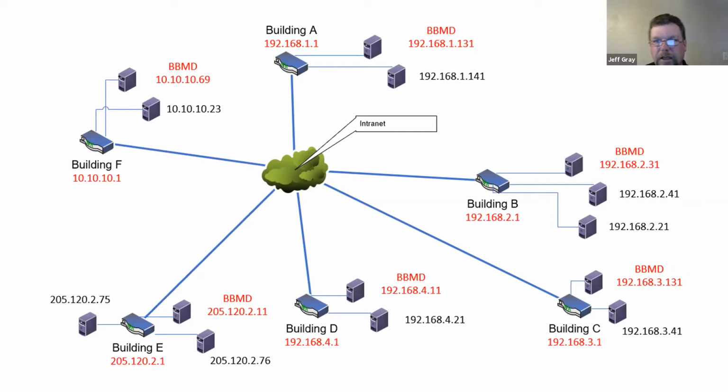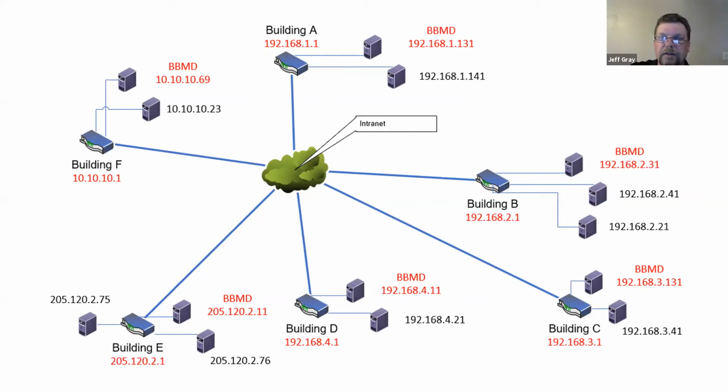Up top, we have building A. Building A is on 192.168.1.1. That's the gateway of that router. Off to the right, we have our BBMD device that is 192.168.1.131. And then we have another device on that network of 192.168.1.141.